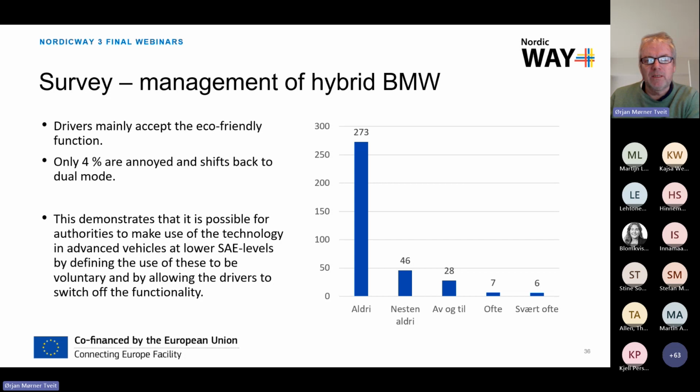This demonstrates that it's possible for authorities to make use of technology in advanced vehicles at lower SAR levels by defining the use of these to be voluntary and allowing the drivers to switch off the functionality if needed.